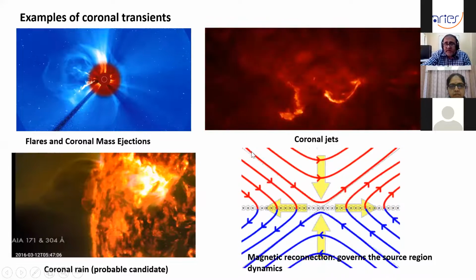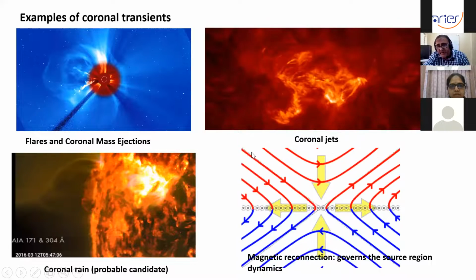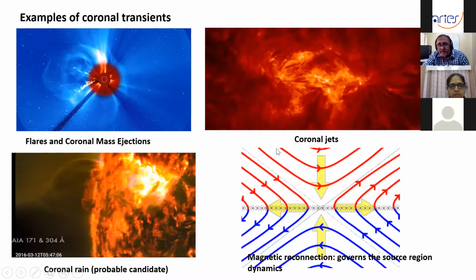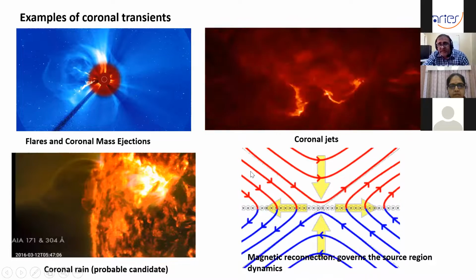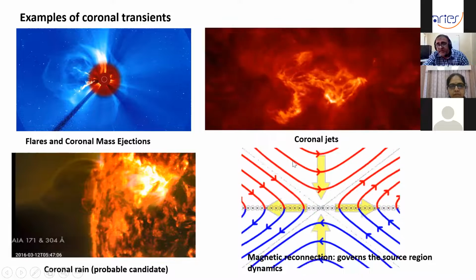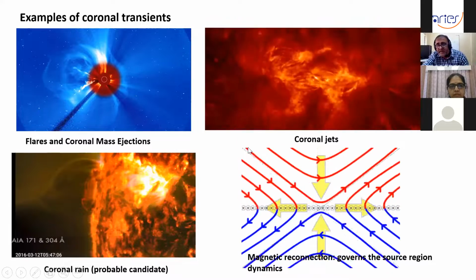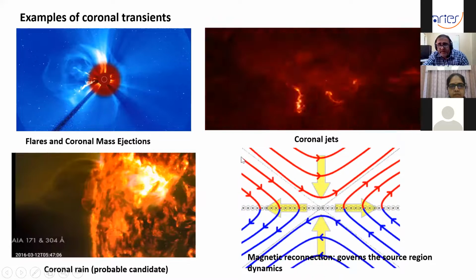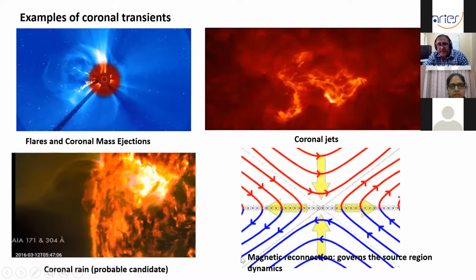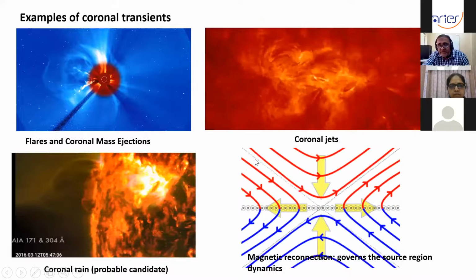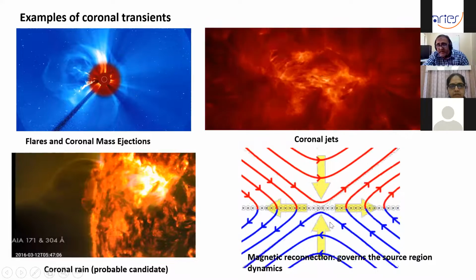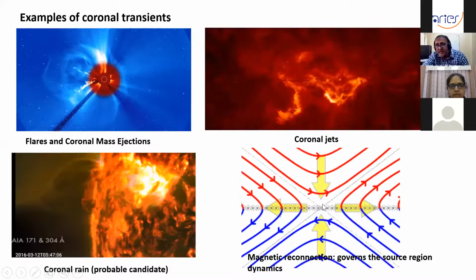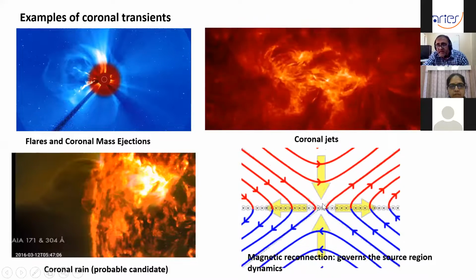If you see, there are two dotted dashed lines, and there are field lines on two sides of the dashed lines which are connecting two different regions. On one side, a field line starting from here connects this region, but on this side, the field line connects this region. But that changes when these two field lines meet and reconnect at the central point, which is an X-type neutral point. By neutral point, I mean a point where the magnetic field is 0.